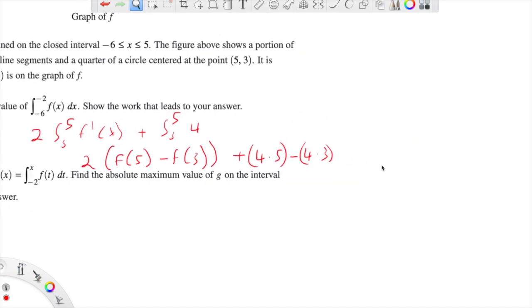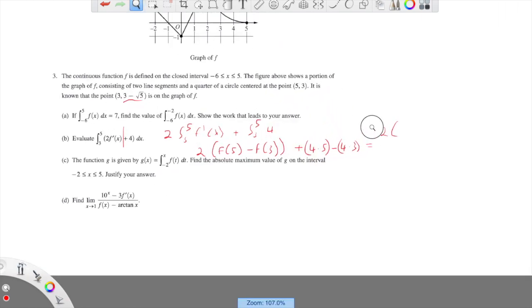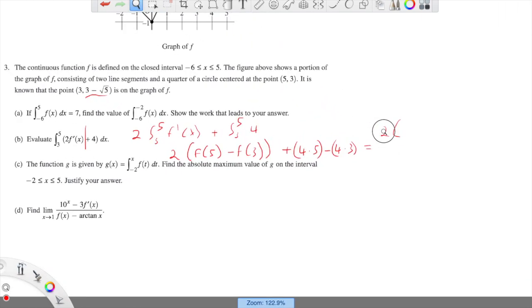And so that's going to give us, let's do 2 times f of 5 minus f of 3. So f of 5 is going to be this 0 here. And f of 3 is actually going to give this point they gave us before. So f of 5 is going to be 0 minus 3 minus root 5. Watch your minuses over there.